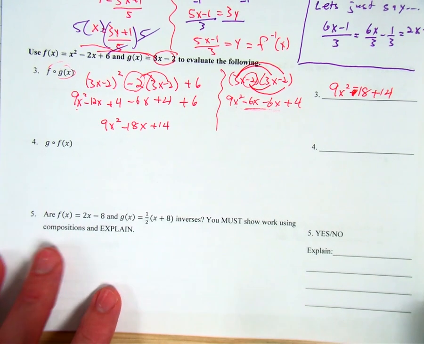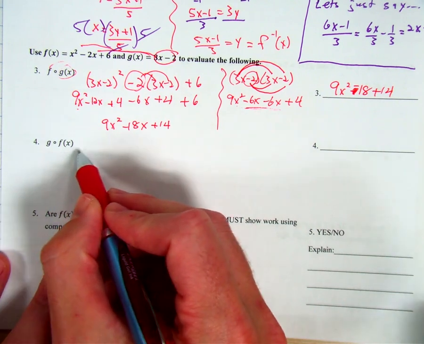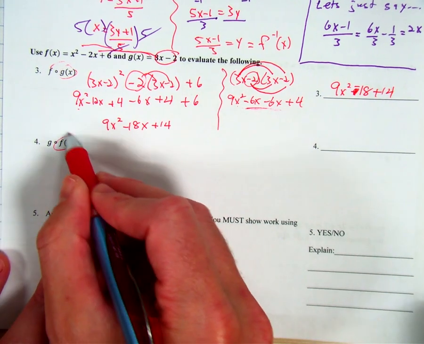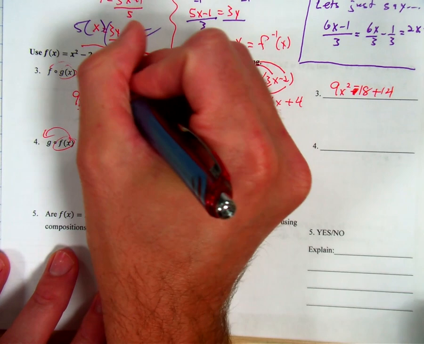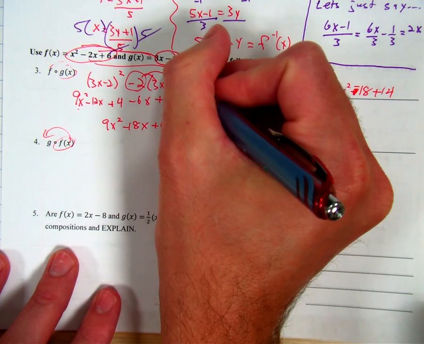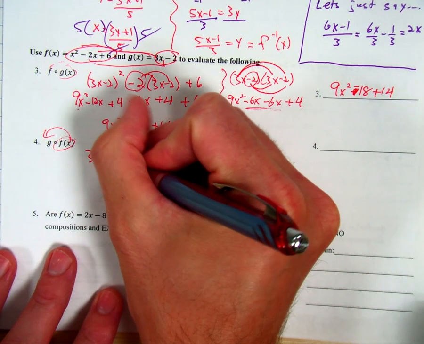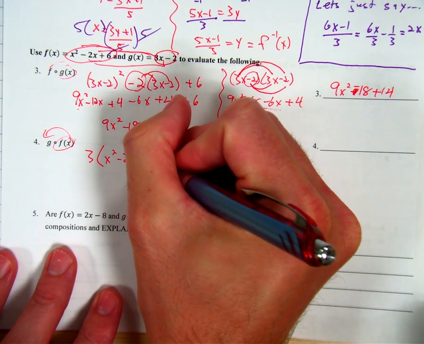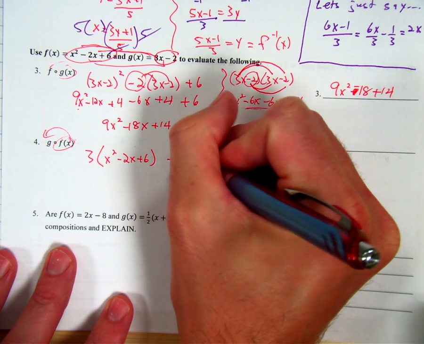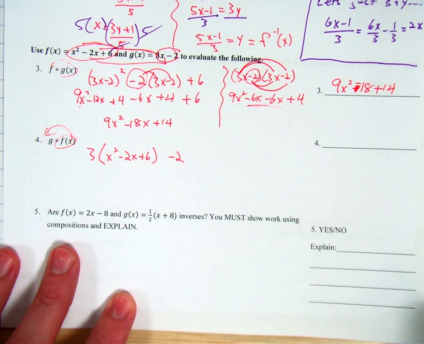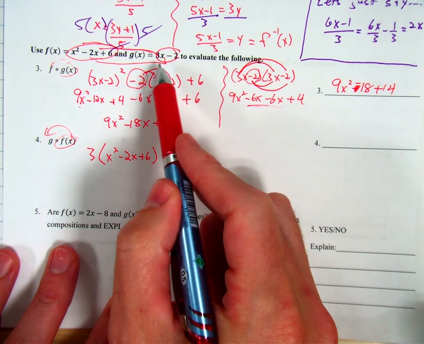Okay, going the other way, g of f of x. You're taking the f of x and putting it into the g equation. Taking all that and putting it in there. 3 times x squared minus 2x plus 6. And then don't forget your minus 2. See, we had 3 times x minus 2.